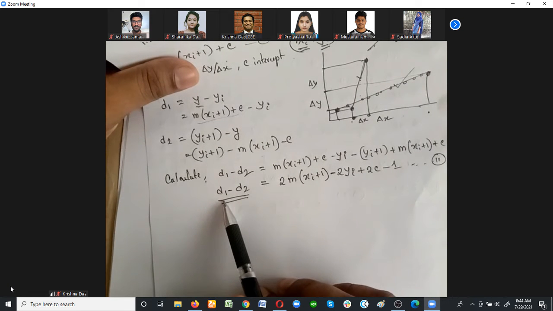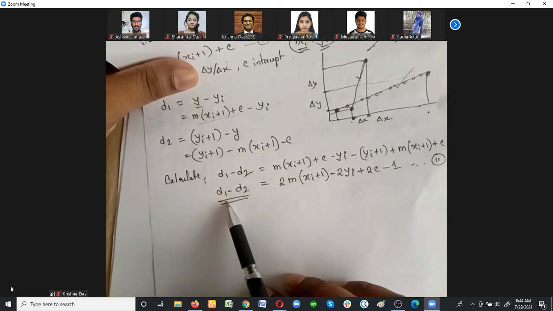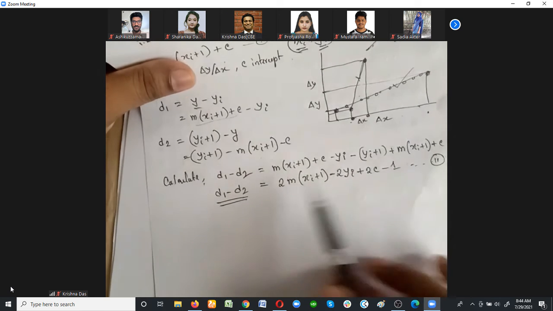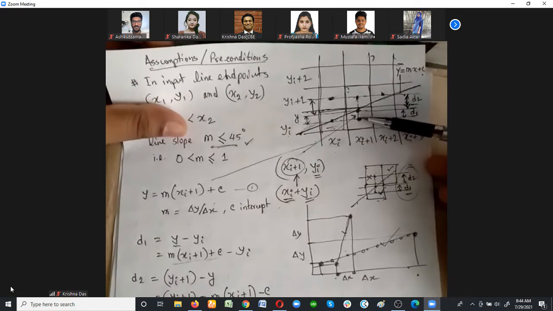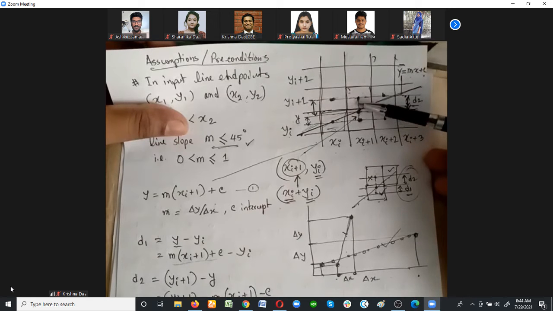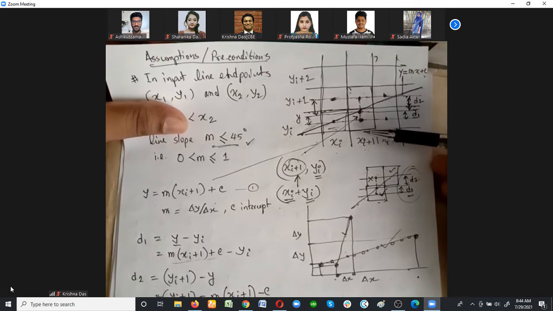If D1 is smaller, then this equation will be negative. If D1 is bigger, then this equation will be positive. Now if this distance is bigger, then the line goes to the upper side, as you can understand. If it is smaller, the line comes very close to the middle of that pixel.